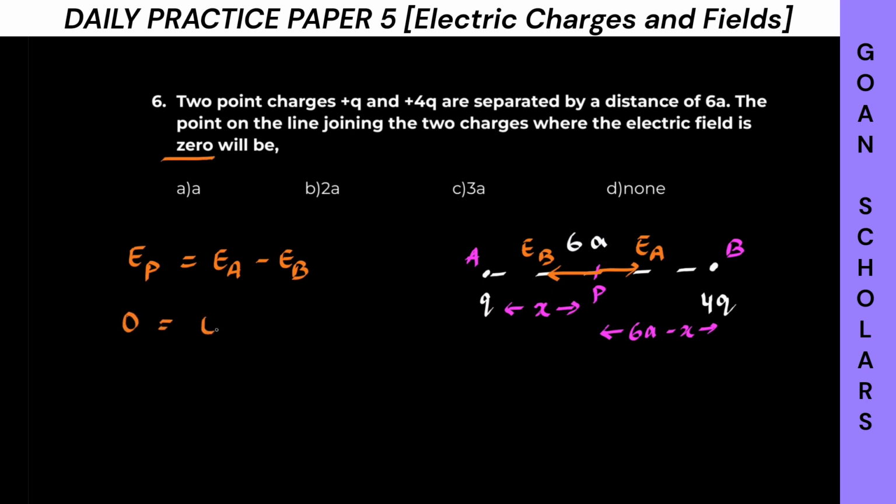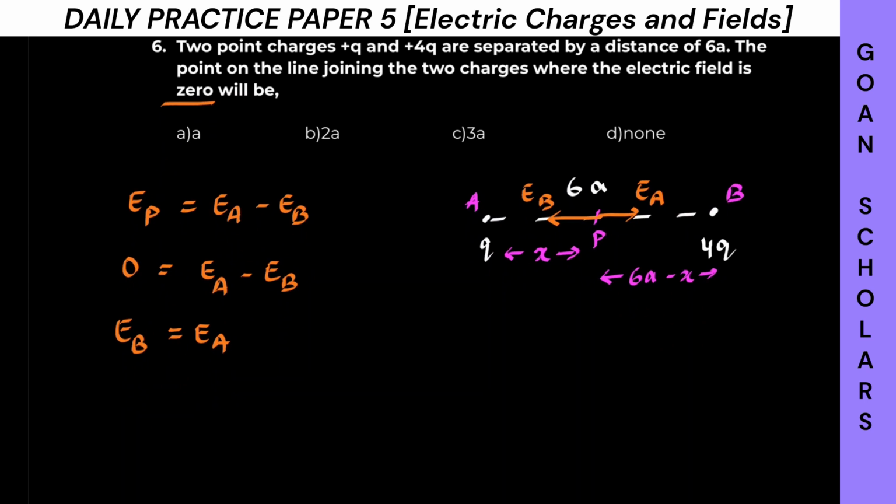So 0 equals EA minus EB, and taking EB on the other side, EB equals EA. EB is nothing but KQB upon separation PB square, is equal to EA, which is KQA upon separation AP square.